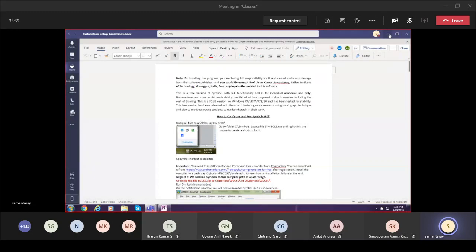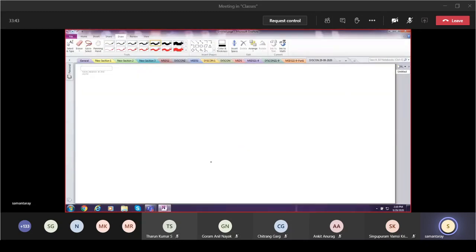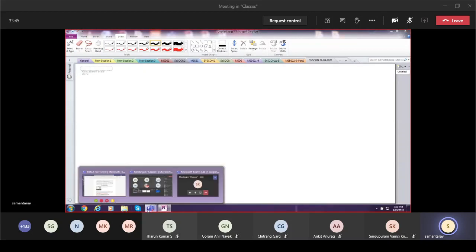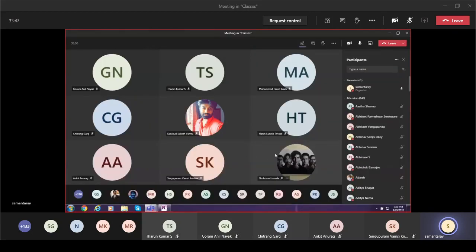Now, this software is a 32-bit software. So you may face some problem, and some warning might come up if you are using Windows 10 Professional or something. In that case, you check your firewall settings, and you also give administrative permission to the software so that it can make necessary changes to your system.